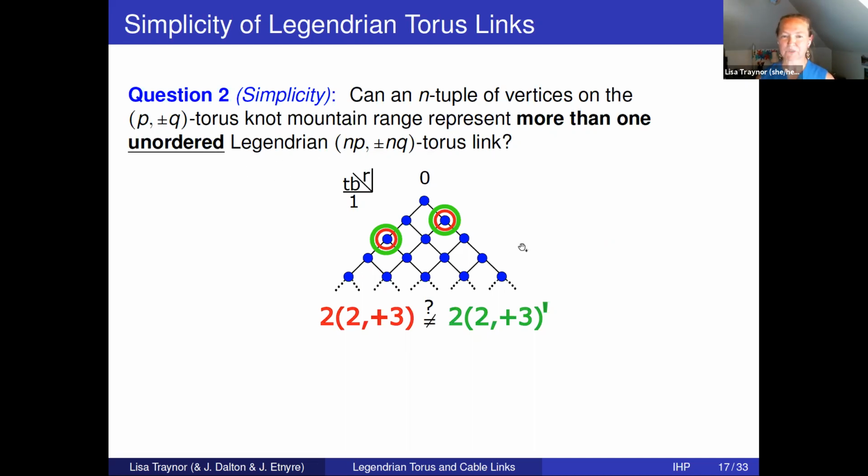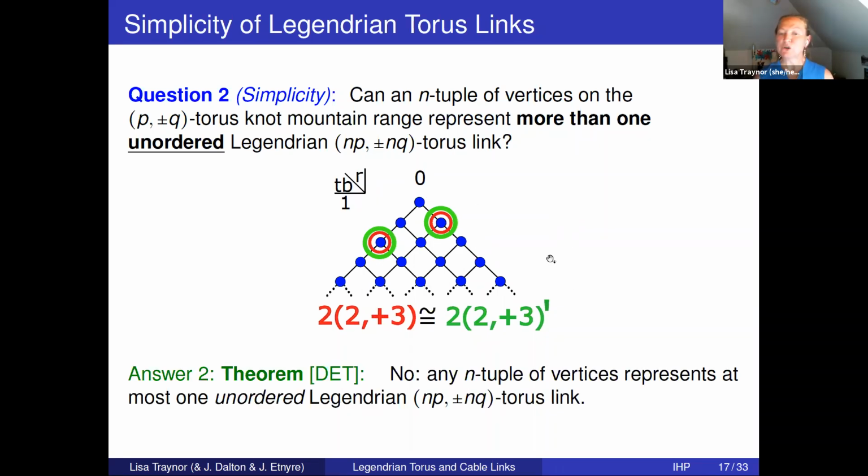So to illustrate, for example, if I look at 4, 6, I know I can realize it with this pair of red circles, where one component has TB 0 and one component has TB -1. Could there be 2 different Legendrian links that have the same TB and R?